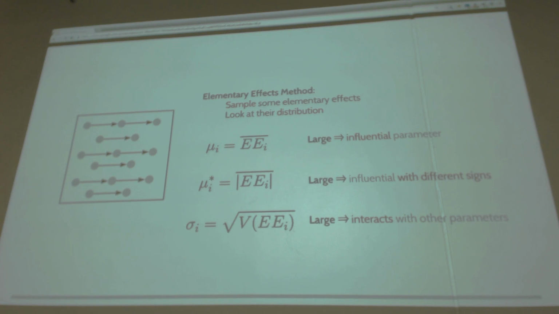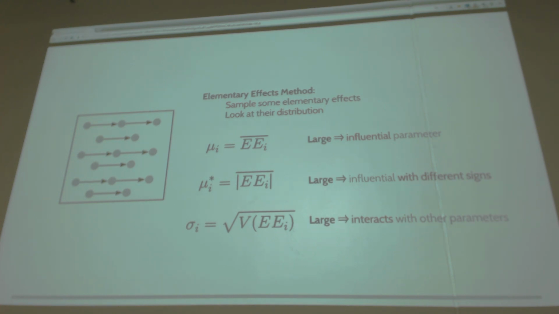Or you can take the variance of these elementary effects with respect to a single parameter, and if the variance is large, this means that the elementary effect is very different depending on where exactly you take it. This means that this parameter interacts with other parameters a lot. I imagine you can also just look at the distribution of these elementary effects and tell something from it, but these are three basic analyses that you can do with it.